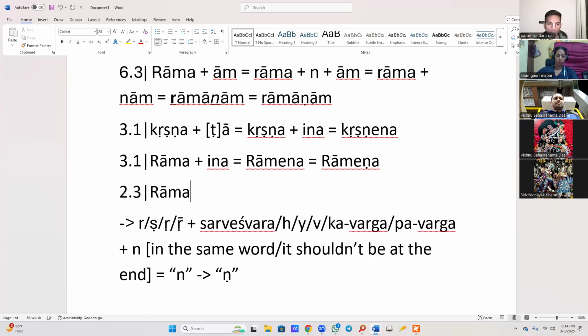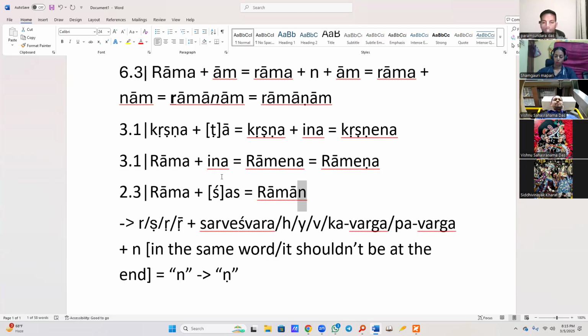Now, when we say it shouldn't be at the end, an example of that would be 2.3. So Rama plus Shas. So ultimately, by applying all the rules, it becomes Raman, like Krishnan. So here we have Rama, few interventions, and Na at the end. So although everything is okay and we can turn Na into Na, but because this Na is situated at the end, that's why it will remain Na.